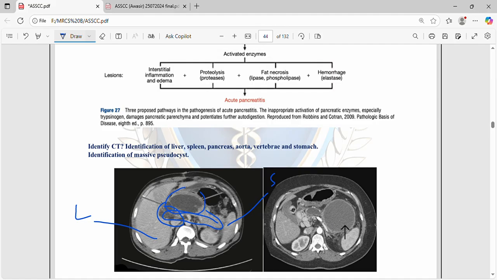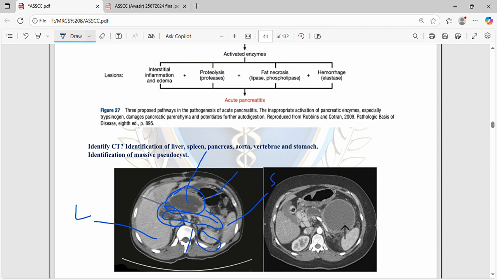And here this shadow is pseudocyst collection. It can be pseudocyst, it can be necrosis, it can be phlegmon, anything, you never know, but there is some collection. This is stomach, and you can see the left kidney, and this is your lumbar vertebrae.